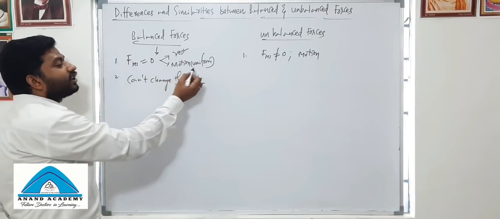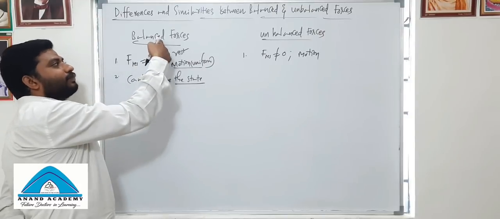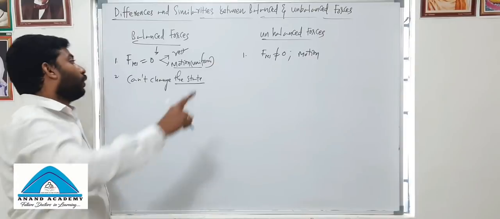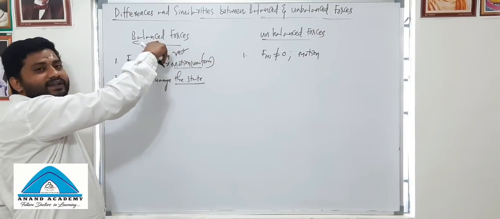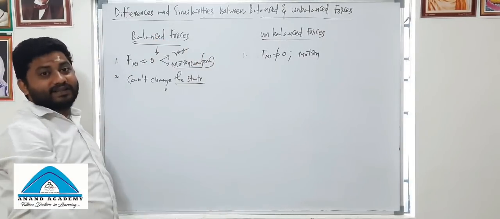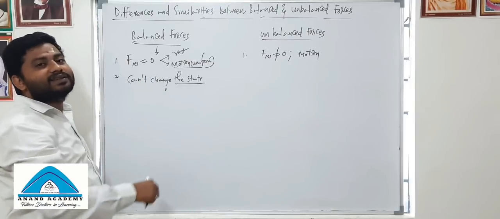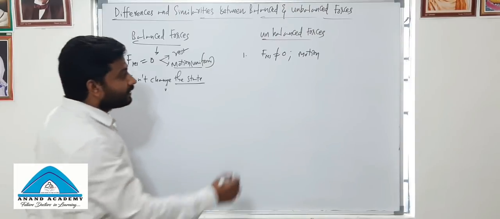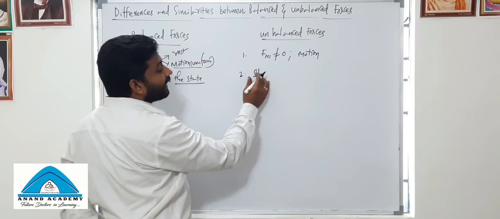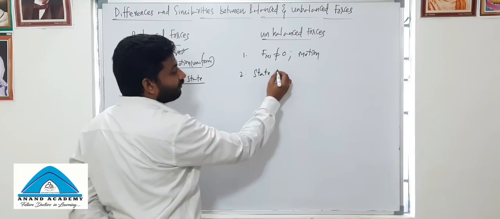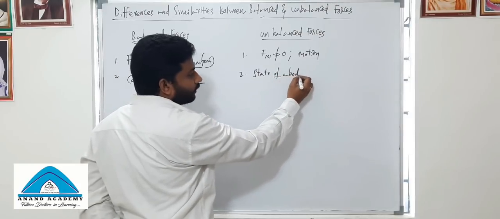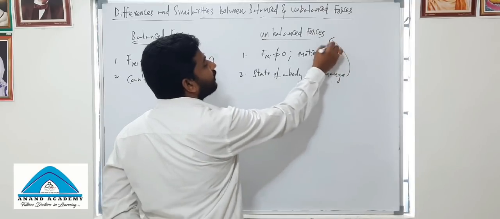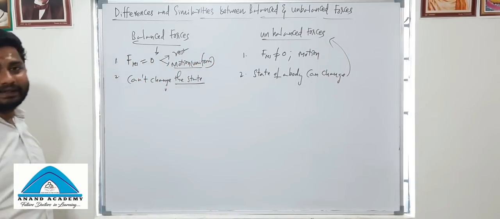Under balanced forces, it will remain in uniform motion. That means balanced forces cannot change the state of a body. But unbalanced forces can change the state of a body, by the application of unbalanced forces.